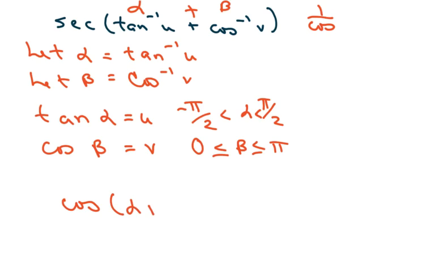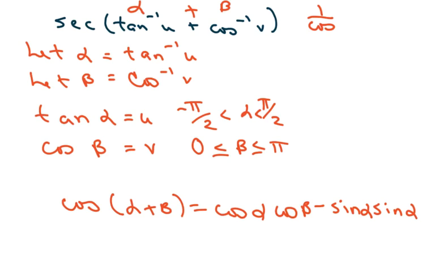And our formula is just going to be 1 over cosine of alpha plus beta, which equals 1 over cosine of alpha, cosine of beta, minus sine of alpha, sine of beta. And since we're seeking secant, I'm just going to write this over 1.